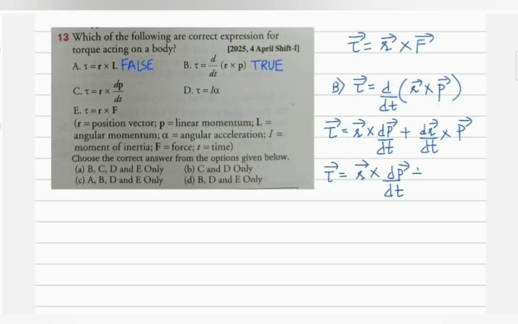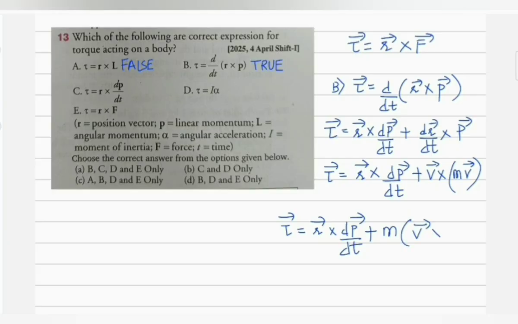Plus, students, what about dr vector by dt? That's v vector cross p vector, and linear momentum is m times v vector. So the simplified version looks like tau vector equals r vector cross dp vector by dt plus, just be a good observer, m can be taken outside, mass is a scalar quantity, and in the multiplication you obtain v vector cross v vector.